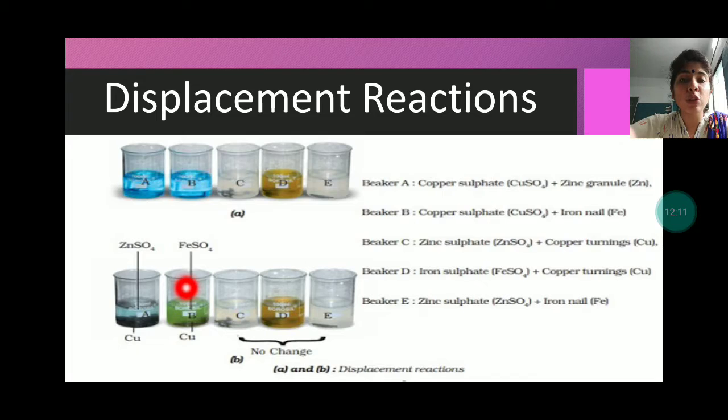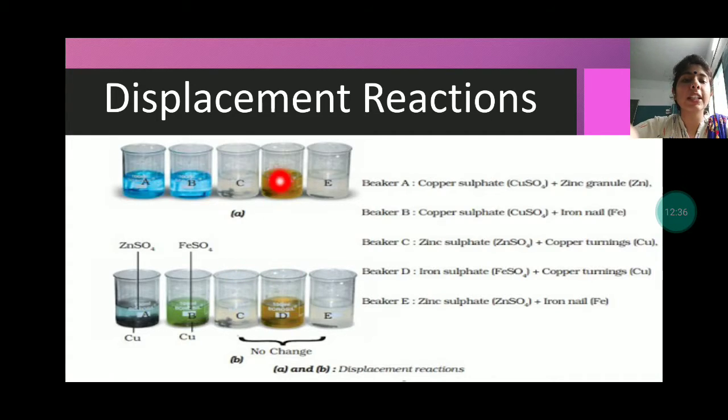By this we can come to know that zinc and iron are more reactive than copper. Now let us see beaker C. In this, zinc sulfate solution is there plus copper turnings, but there is no reaction. So by this also we can come to know that zinc is more reactive than copper.